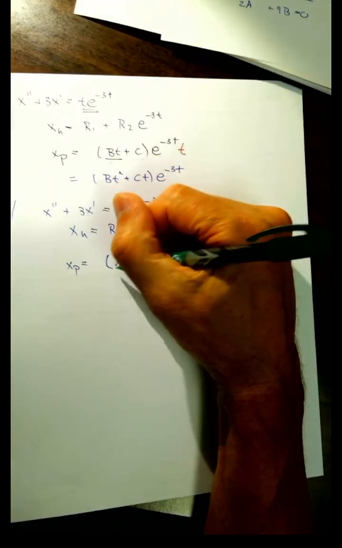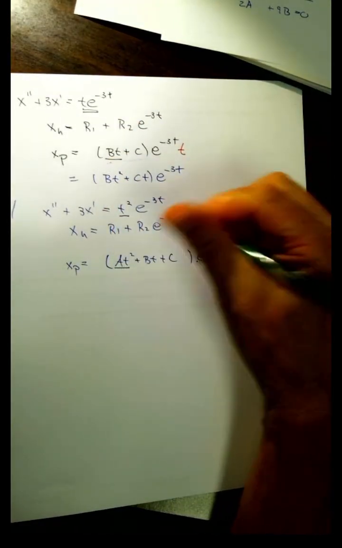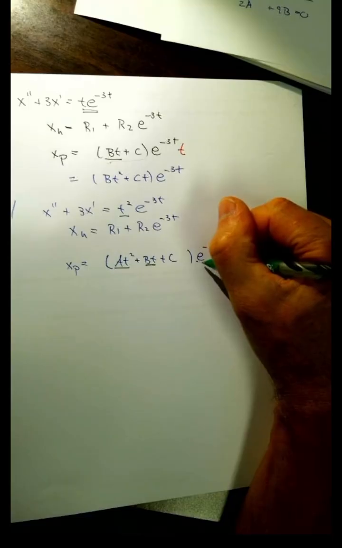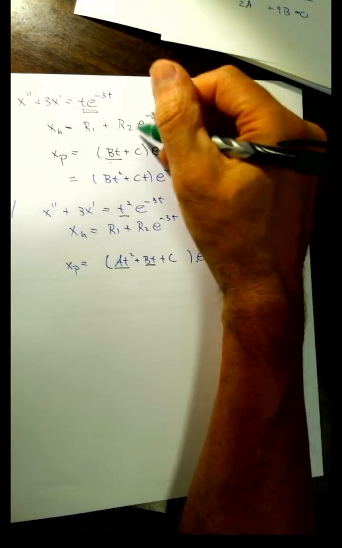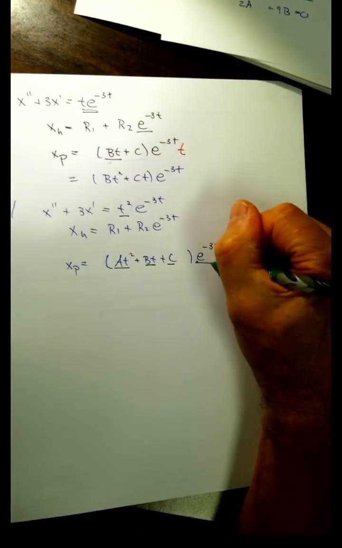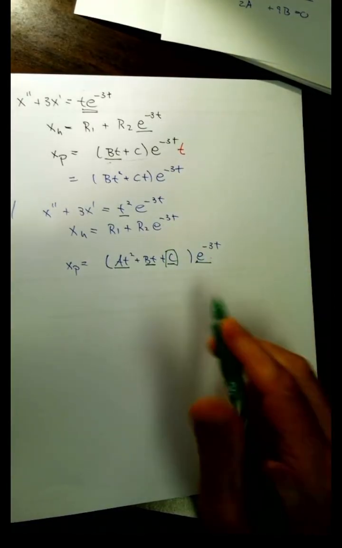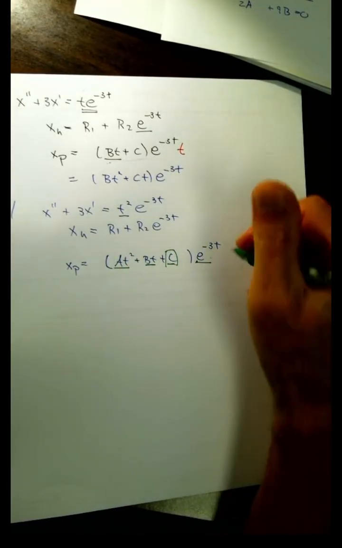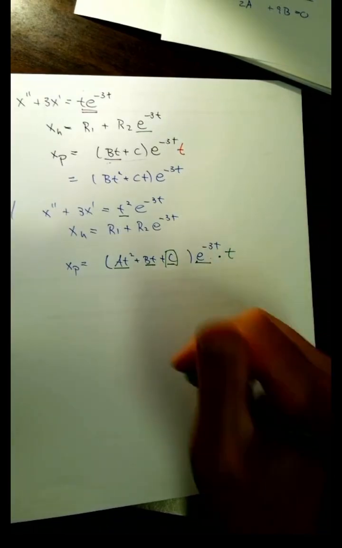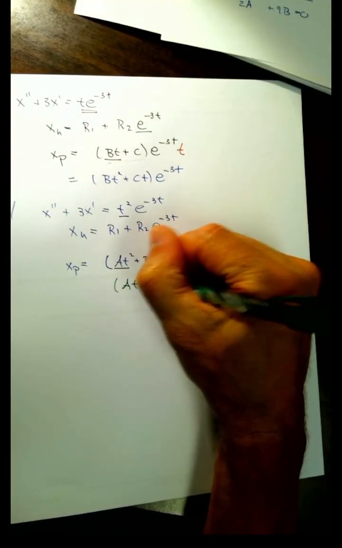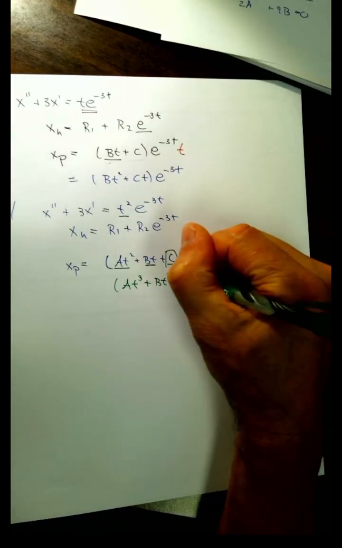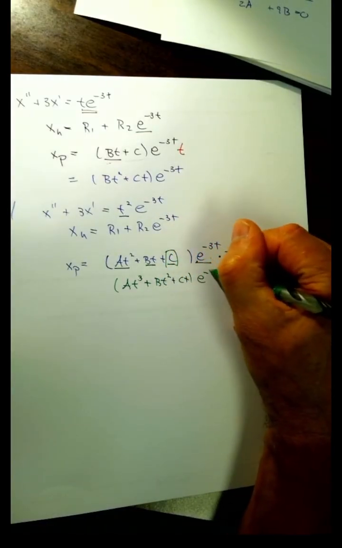However, I gotta be careful, this right here corresponds to that. Because this times this is matching that, I have to multiply the whole thing by t. So my guess would be at cubed plus bt squared plus ct times e to the minus 3t.